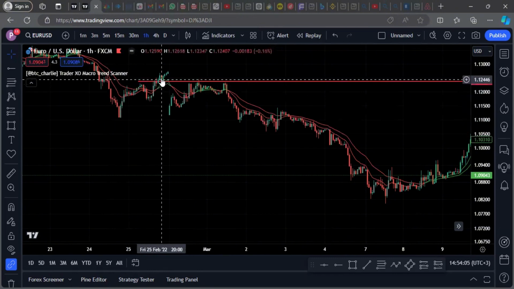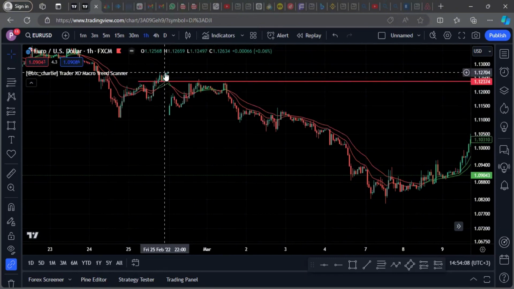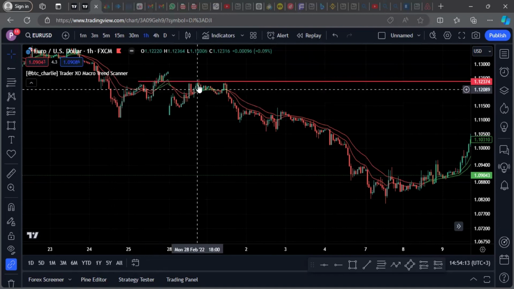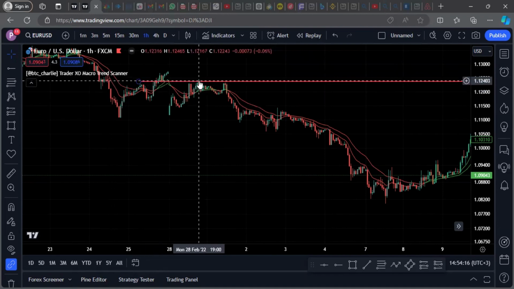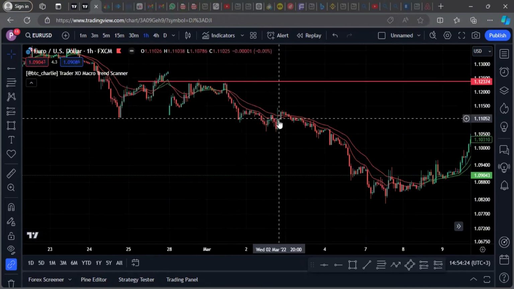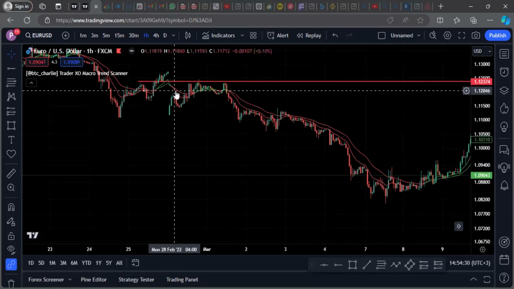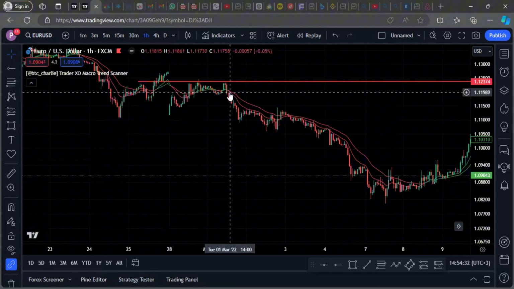You can see that the price came to this level, broke above this resistance area and then came back again, went up, and retested the same area. It could not break above, came back again for the last time, then the price shot all the way down. So if you are looking for sell entries, this could be a perfect entry right here.